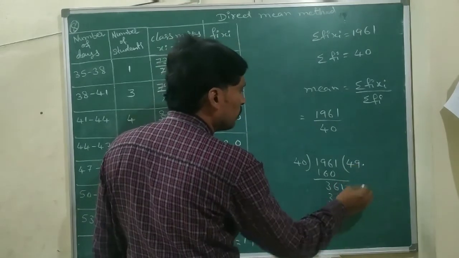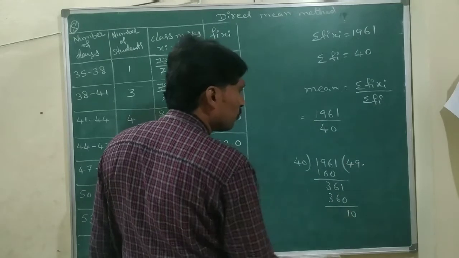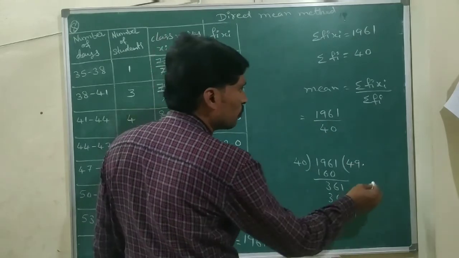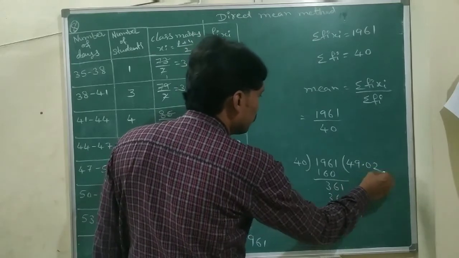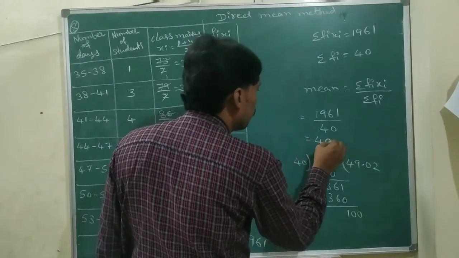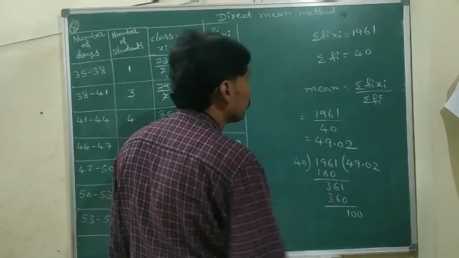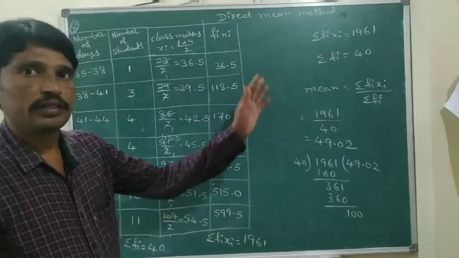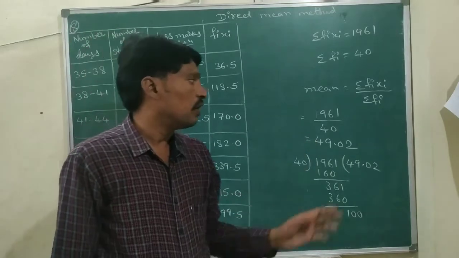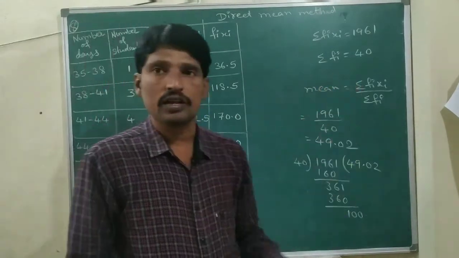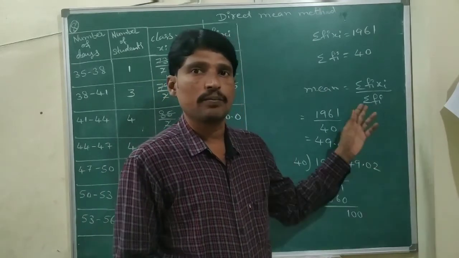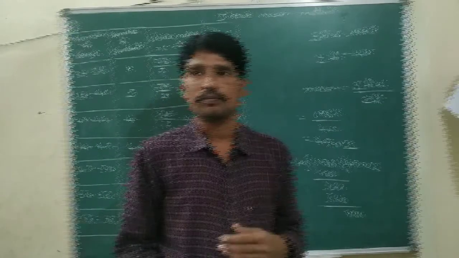You can take the point, so here we take 0, and one more 0 you have to take. So we are getting 49.02. In the direct mean method, we are getting the mean as 49.02. We used the formula mean x bar equals sigma fi xi by sigma fi.